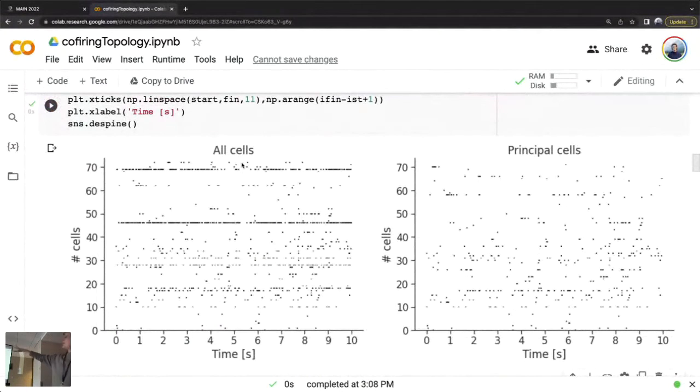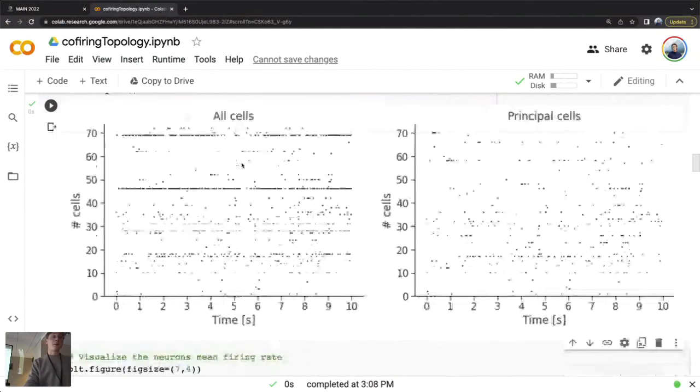And as you can see, in the plot on the left, we have all the units, and on the right, only the putative principal cells. The interneurons are only 6, but we have 3 very fast spiking interneurons, which are the ones that are basically a black line because they're always active, or at least a lot more than the other cells.